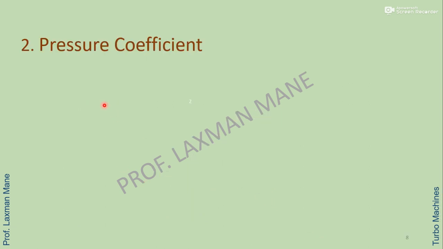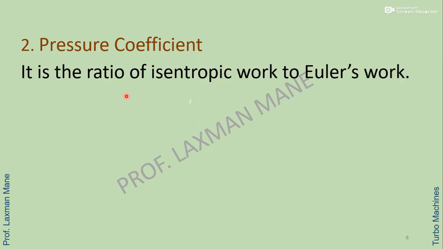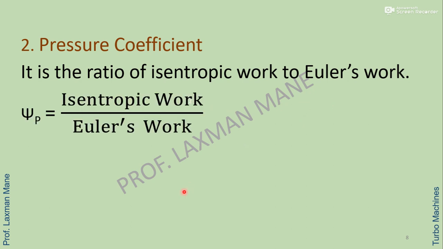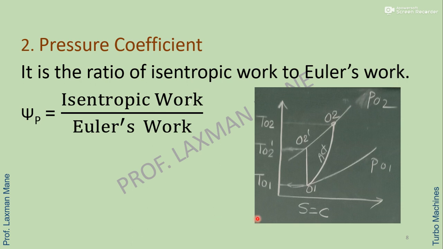Second performance coefficient or factor is pressure coefficient. It is the ratio of isentropic work to Euler's work. So here TS diagram for the centrifugal compressor we use.